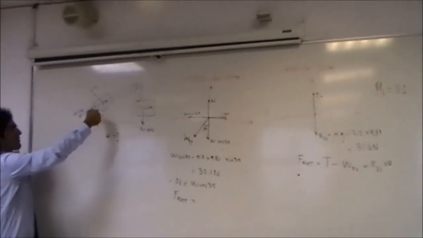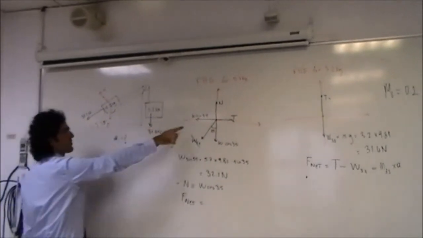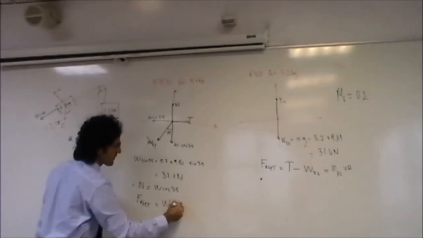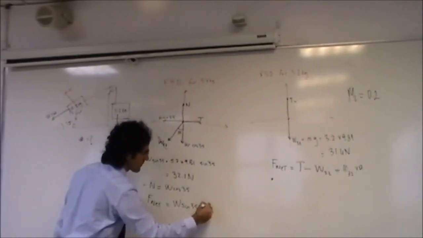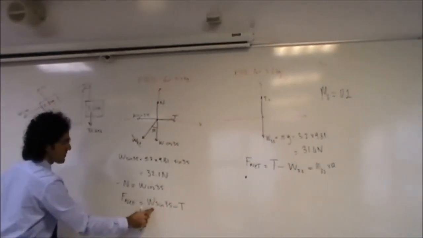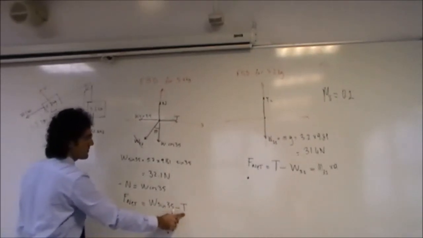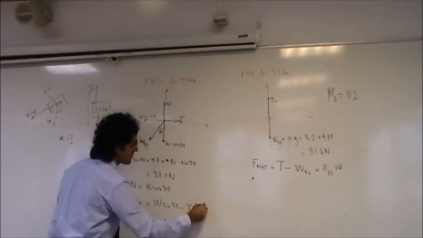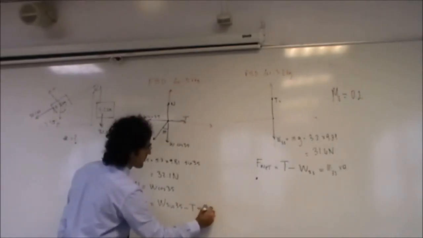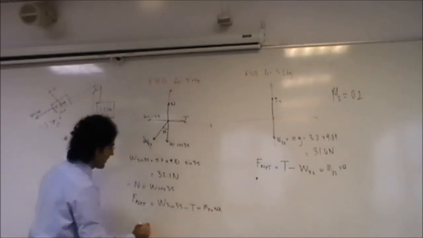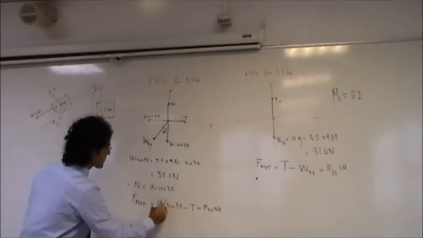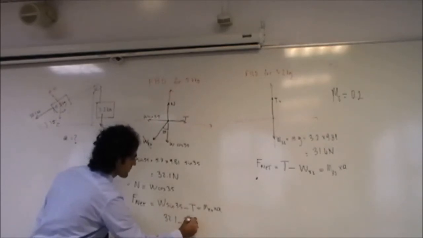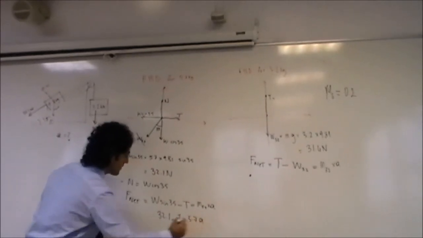The system is accelerating to the left, therefore W sine 35 is greater than tension, which applies a net force. The subtraction of W sine 35 minus T is going to give you the net force, which is equal to again mass times acceleration. This time mass is 5.7 kilograms times acceleration. If you do this calculation, you are going to get 32.1 minus tension is equal to 5.7A.